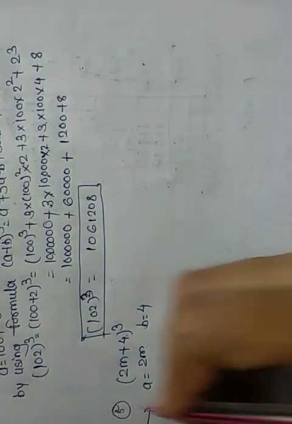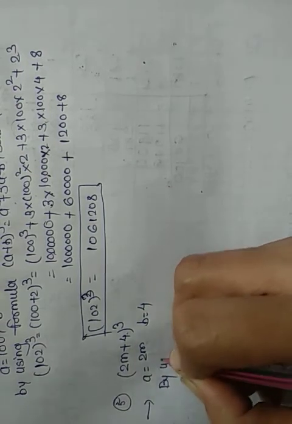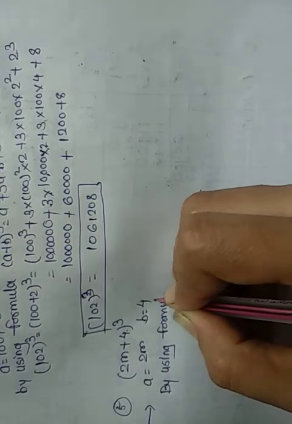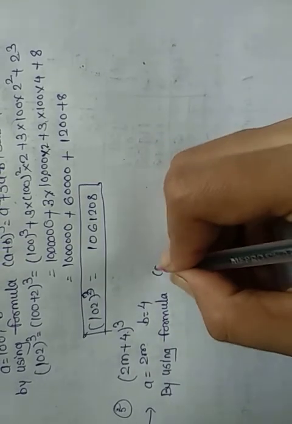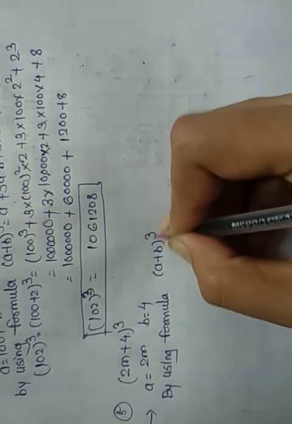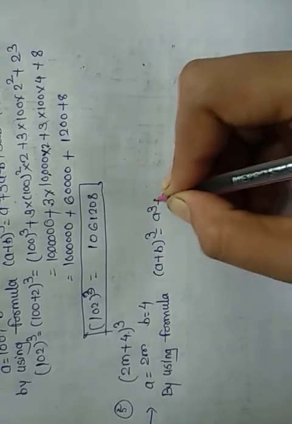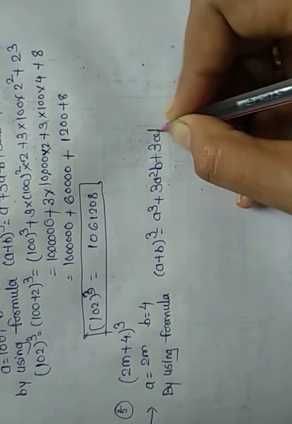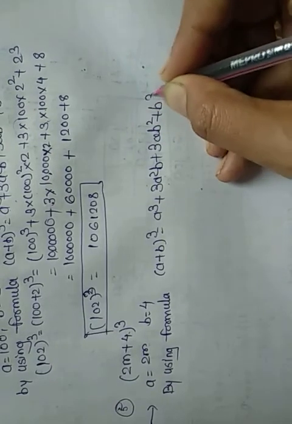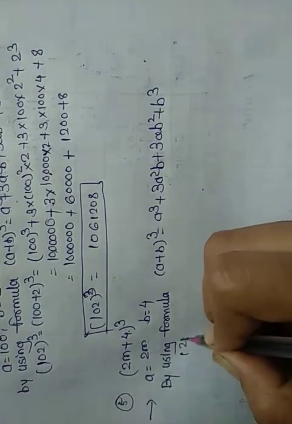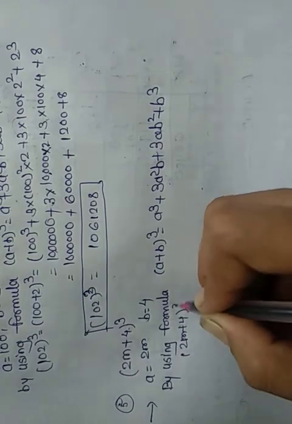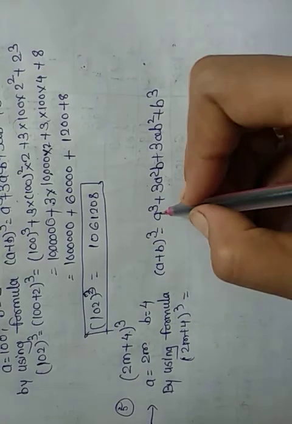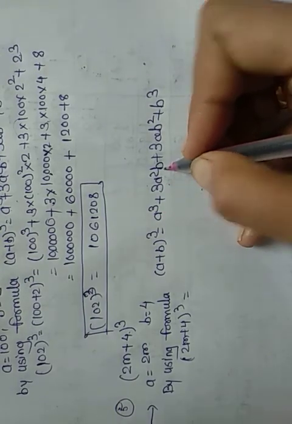Now by using formula (a plus b) bracket cube is equal to a cube plus 3a square b plus 3ab square plus b cube. Put here values in this formula. (2m plus 4) bracket cube is equal to, here the value of a is 2m and value of b is 4.